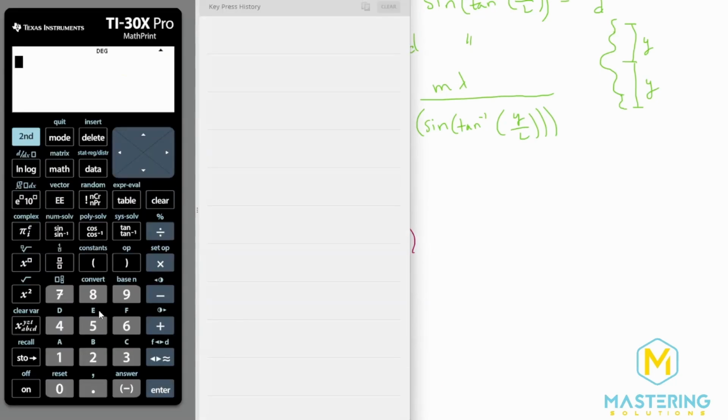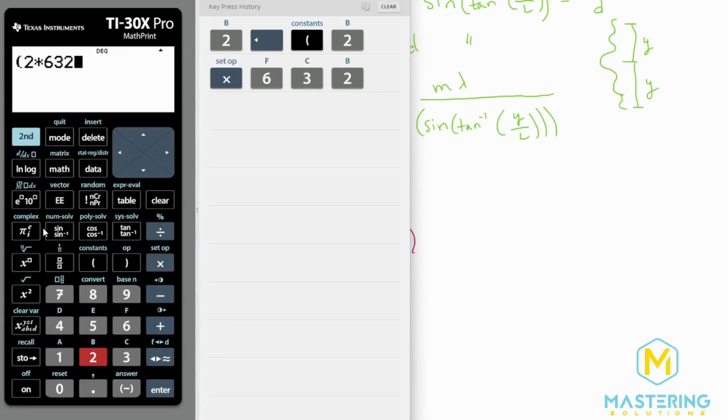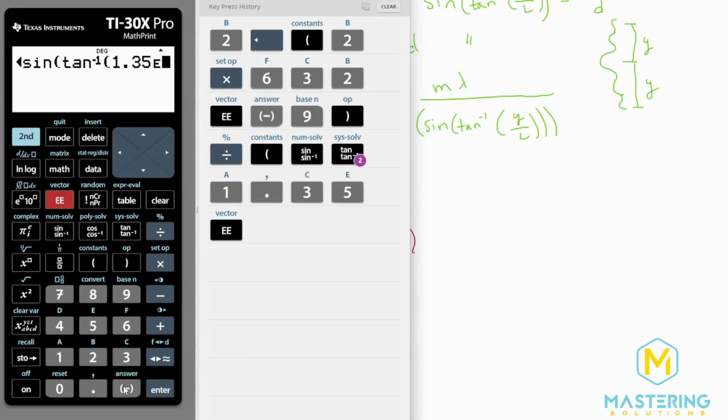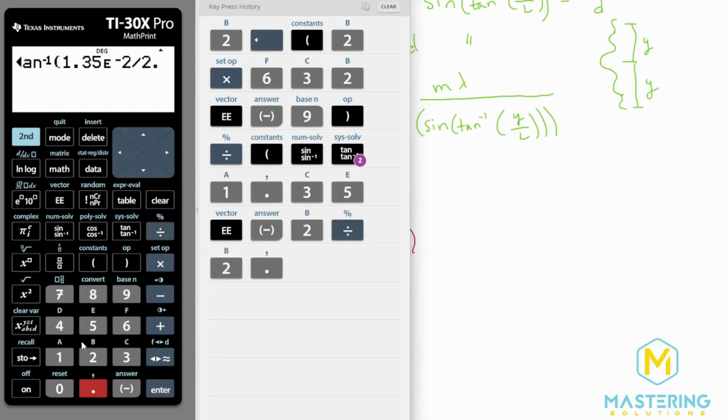So now when we plug these in, we'll have 2, let's do parentheses. Okay, so 2 times 632 times 10 to the negative 9 meters. And then that's divided by sine times inverse tangent times 1.35 times 10 to the negative 2 in this case, divided by 2.4 times 10 to the negative 2.